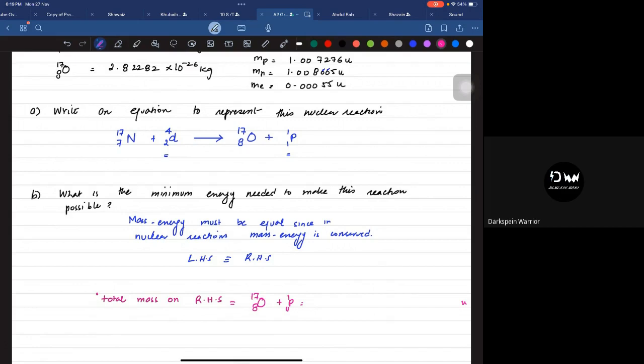Instead of converting this directly, what we can do is we can use this mass 2.82282 times 10 raised to minus 26 and add the proton's mass, which is 1.007276, and then multiply it with 1.66 times 10 raised to minus 27 kg. I think this should come out to be somewhat around.